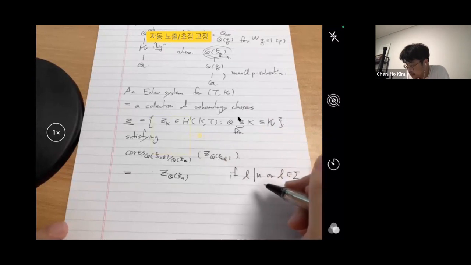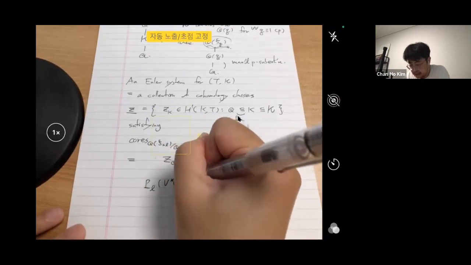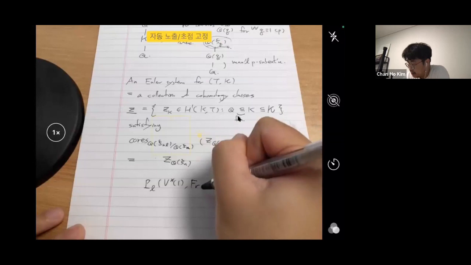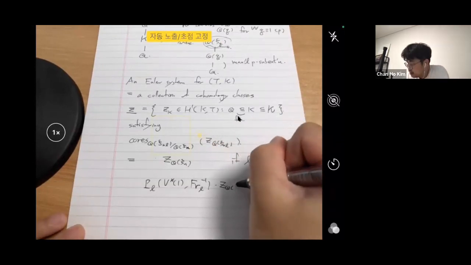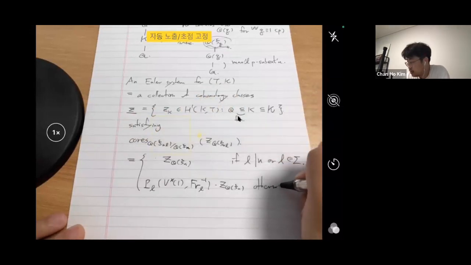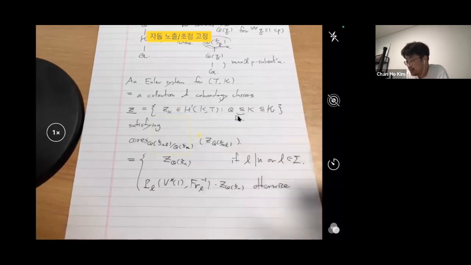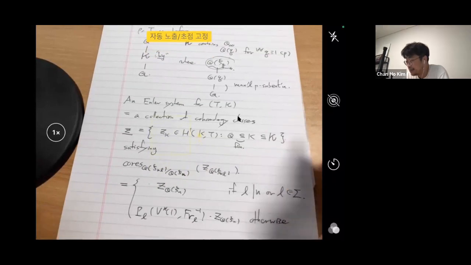Otherwise, it is the Euler factor on the dual side, but the variable will change to the inverse of Frobenius. So this shows that this whole collection of cohomology classes really remembers Euler factors, so it seems reasonable to say that it is an Euler system.